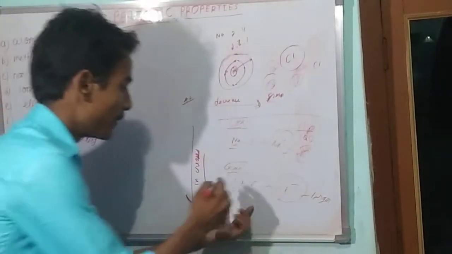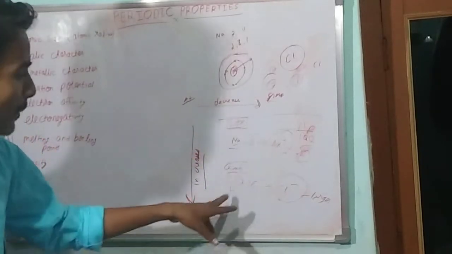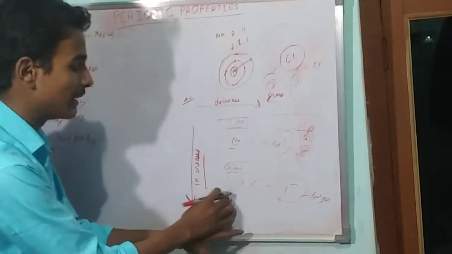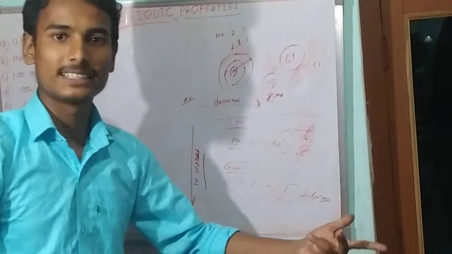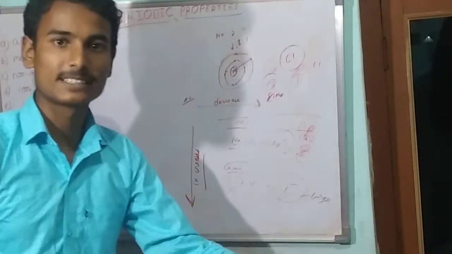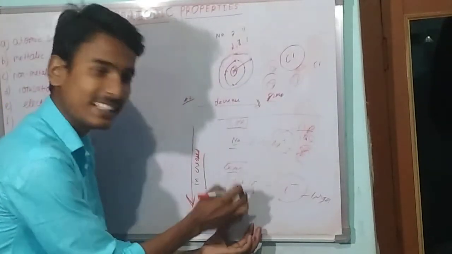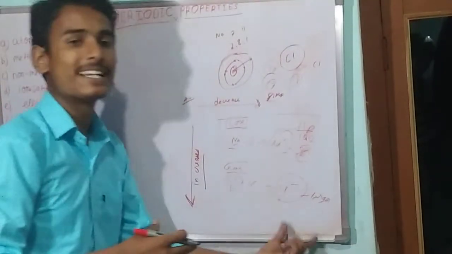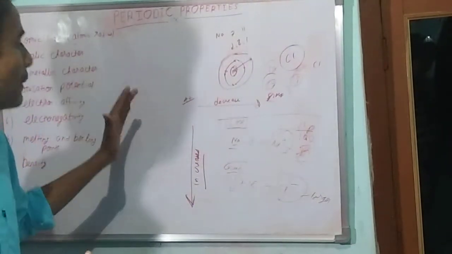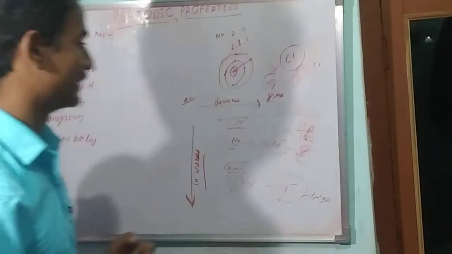The number of protons is the same, but the number of electrons increases. For this reason, the parent atom is smaller, and when it gains an electron and forms an anion, that is larger. This is all about atomic size. Next is metallic character.